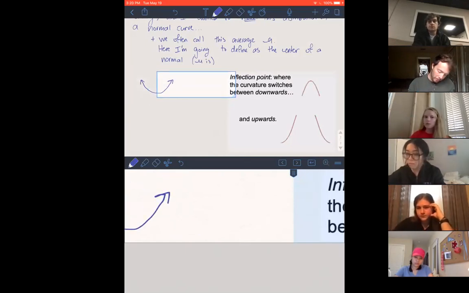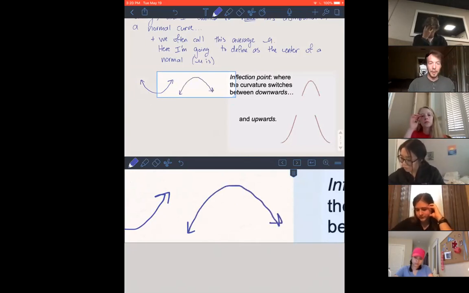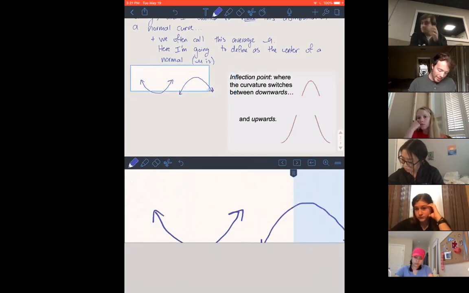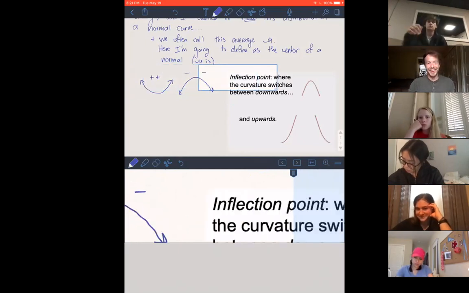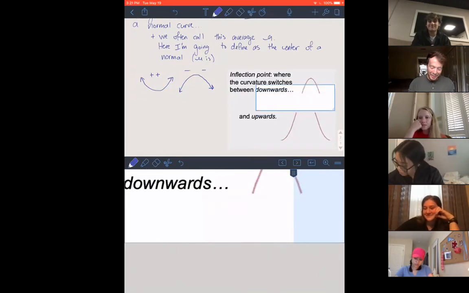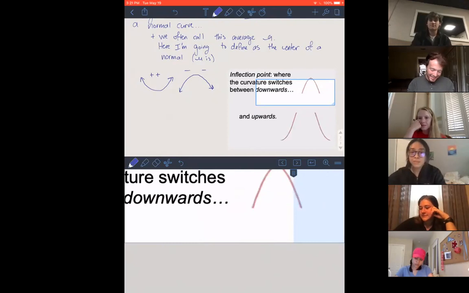Oh, whoops. That looked like this, right? And the way I always remember them is that the positive one is happy and the negative one is frowning. I don't know, maybe I might be the only one who actually uses these little memory devices.